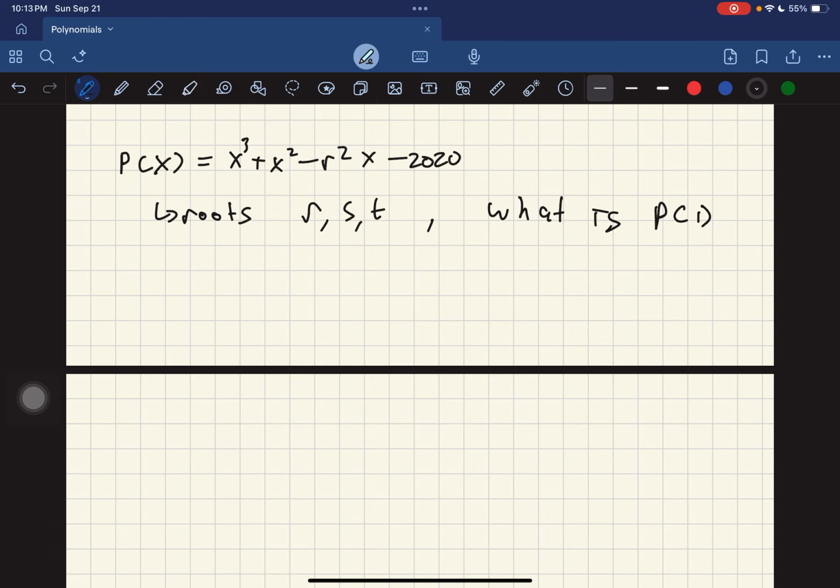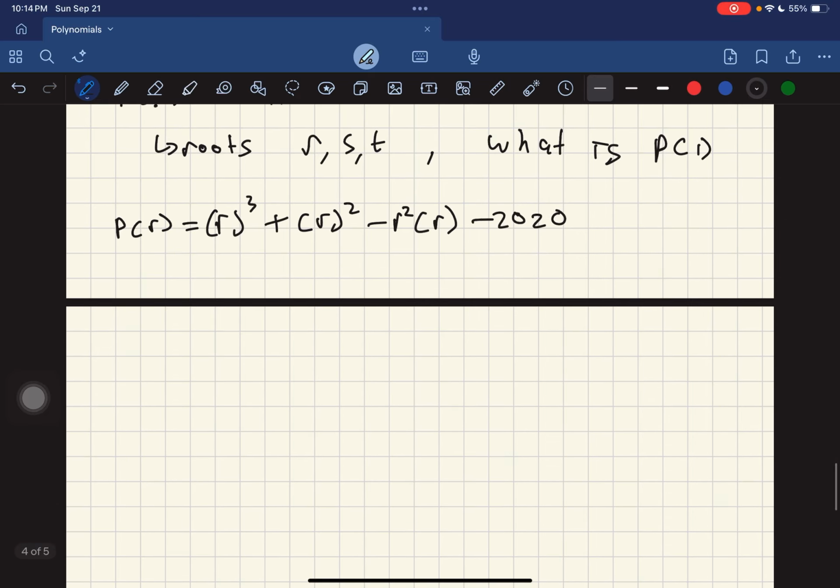The way that you would solve this is, you know that P of r is going to be equal to r cubed plus r squared minus r squared r minus 20, right? But what else does P of r equal? Since r is a root of this polynomial, P of r is also equal to 0.